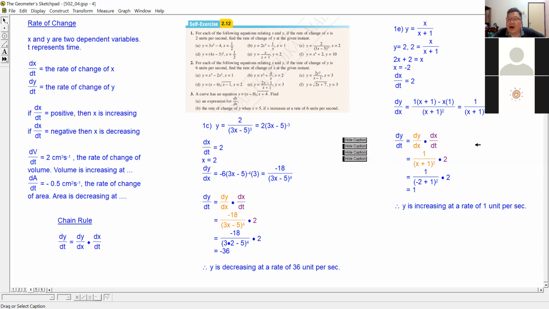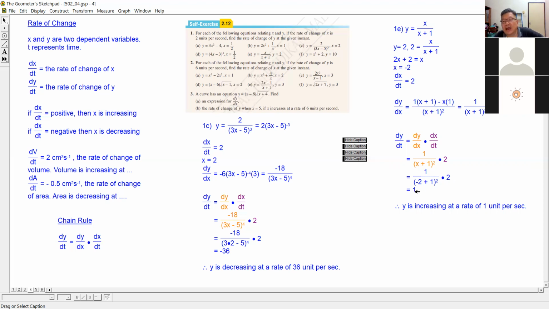After that, you take the things that you have listed out and substitute into the chain rule. dy/dx is this thing here, substitute. dx/dt here, substitute inside. Still you have x, so you look for the x. x here is -2, then put in -2. So everything is known.